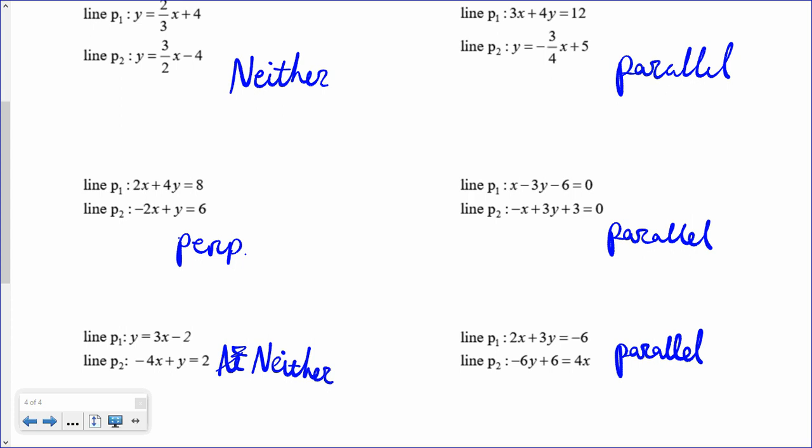Perpendicular. Those are the last six. Neither. Parallel.